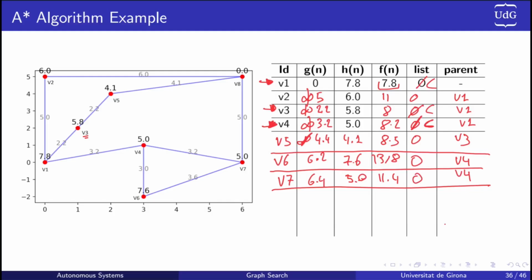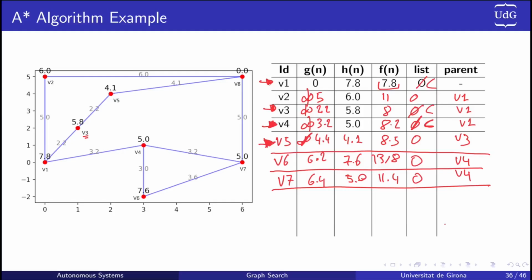Okay, then I have B2, B5, B6, and B7, all of them in the open list. Let me check which one of them has a smaller f, and I think that is clear, that is B5. B5 is 8.5, while the others are 11.4 or 13.8. Then let's choose B5.